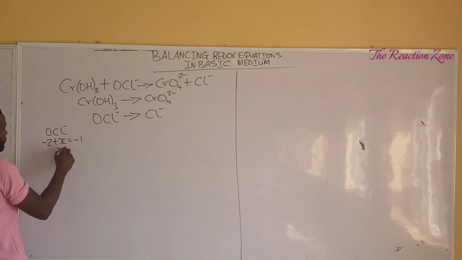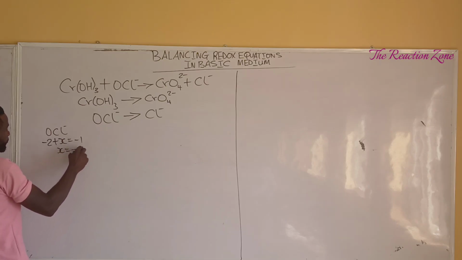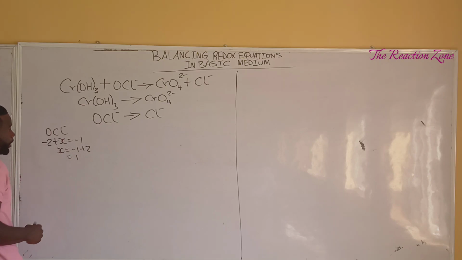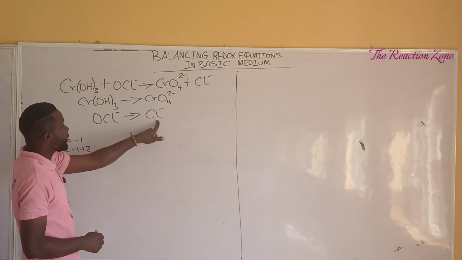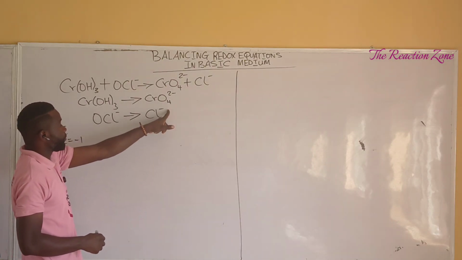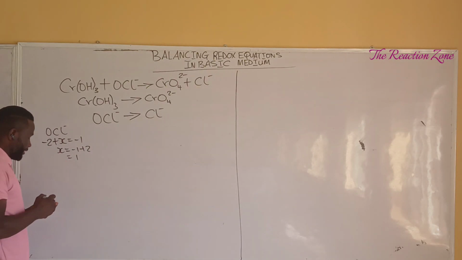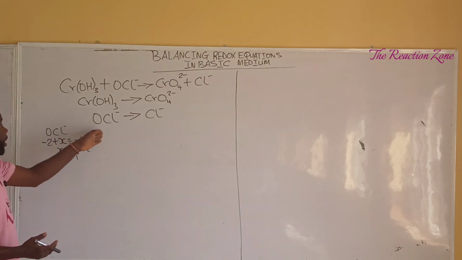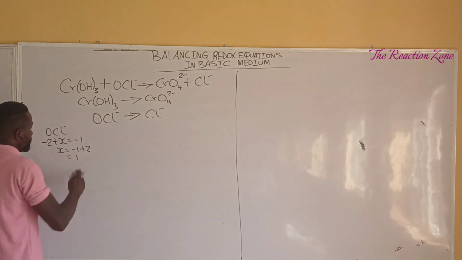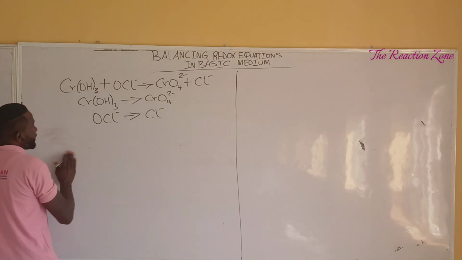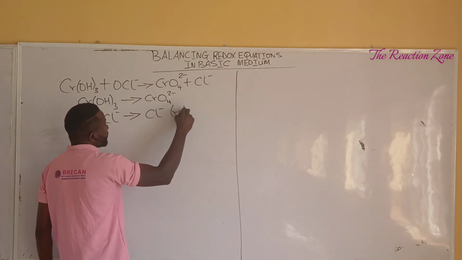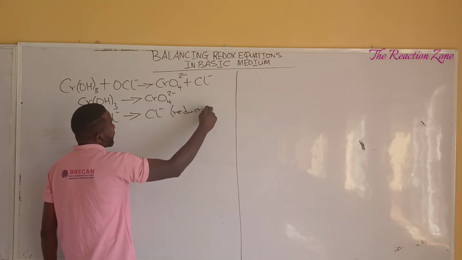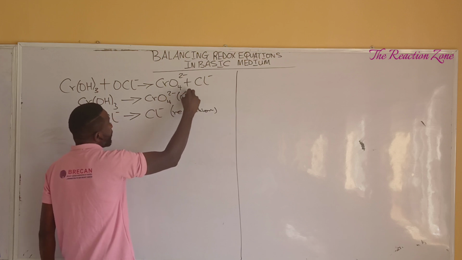So this means X will be equal to -1 plus 2, which is equal to 1. Now the oxidation number of chlorine here is equal to the charge here, which is -1. So it means that there is a decrease in the oxidation number of chlorine from 1 to -1. So what that means is that this half equation is reduction and this one is oxidation.